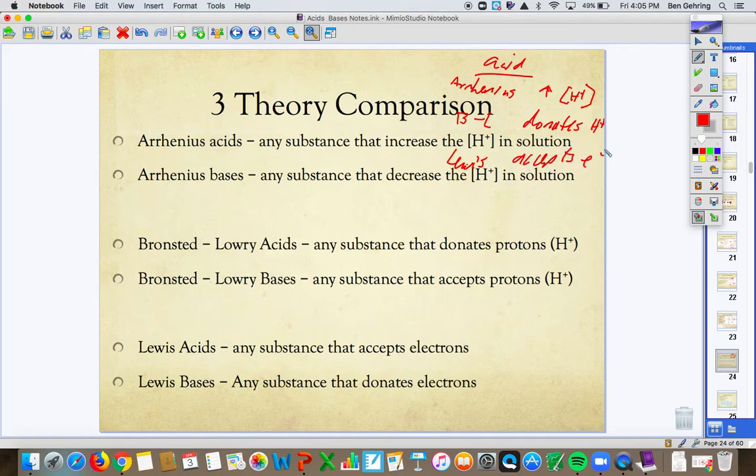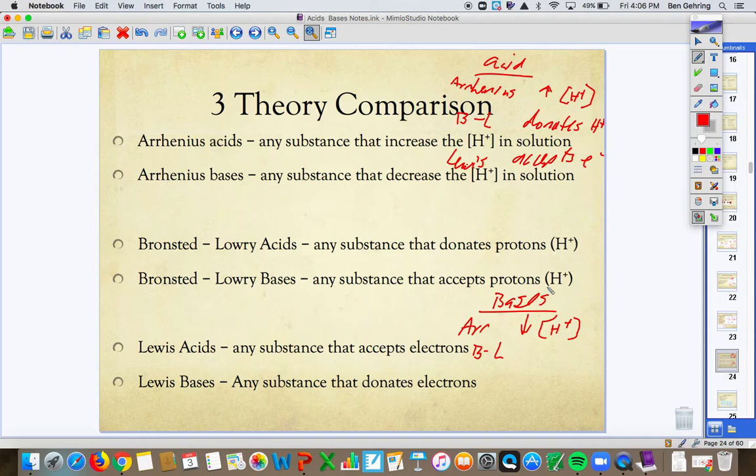If you want to make just a quick little table, that works really nice. For bases, I'll do bases down here. So again, Arrhenius, let me put ARR, is something that decreases the hydrogen concentration. For Bronsted and Lowry, they accept protons.